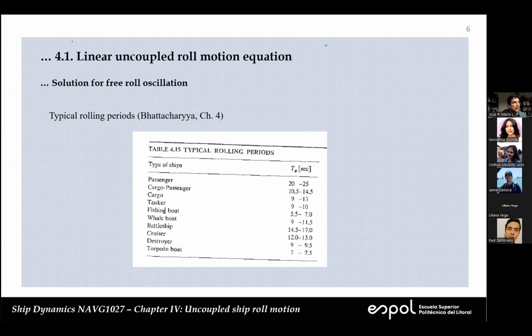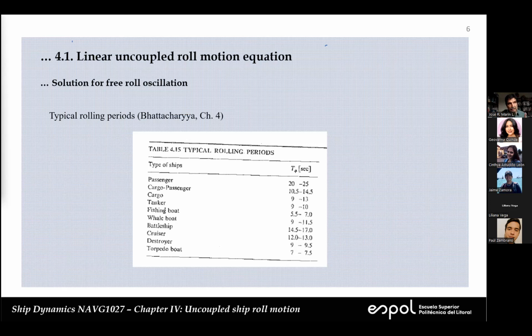So this is part of the last session, and this is not in your class notes, but you can see it in Bhattacharya's book, chapter 4. So for example, if you apply the stability code for IMO, there is a criterion called the weather criterion, and you have to calculate in a very simple way an angle.